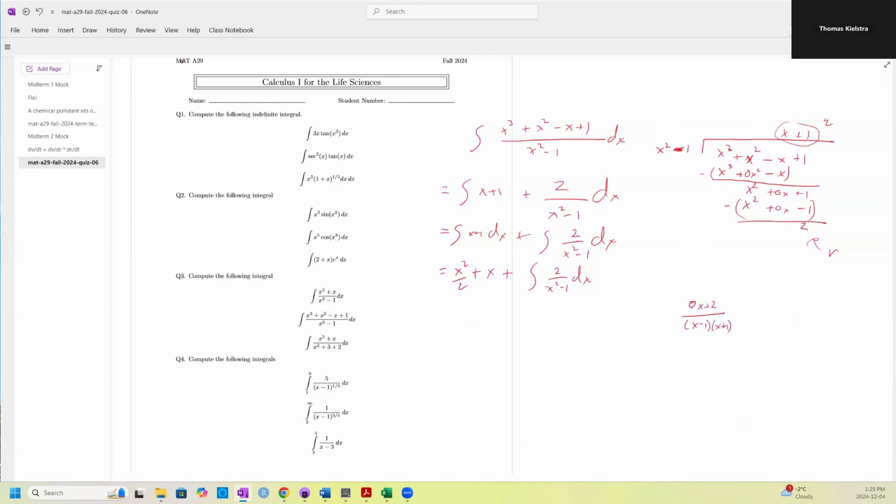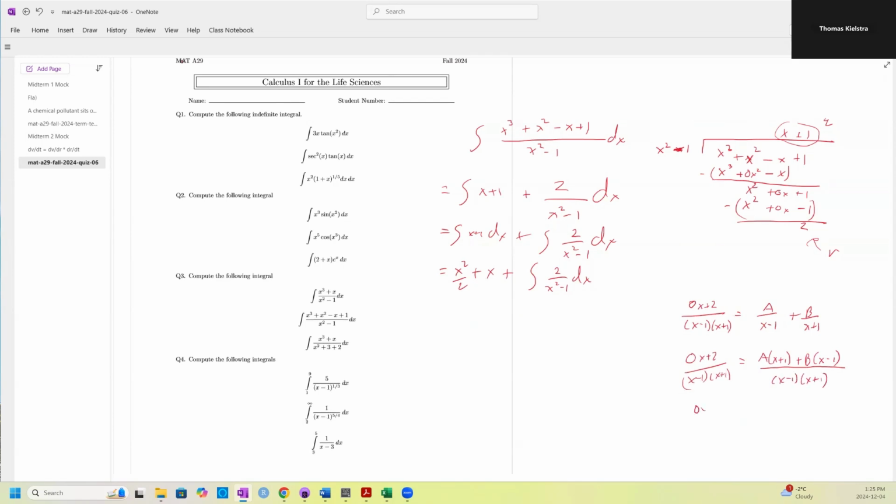I did a quick little factor there, equals a over x minus 1 plus b over x plus 1, which is 0x plus 2 over x minus 1, x plus 1 equals a times x plus 1 plus b times x minus 1, all over x minus 1, x plus 1.